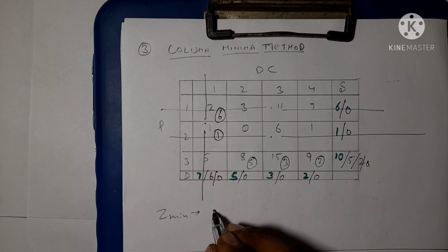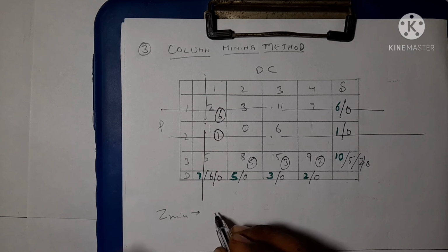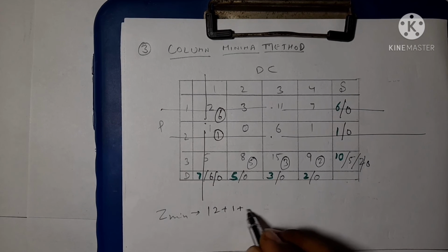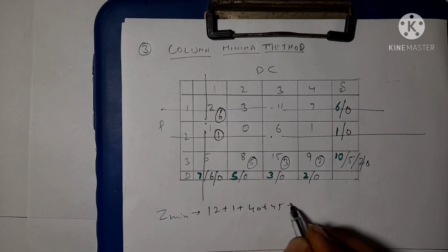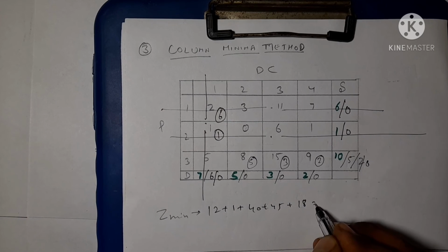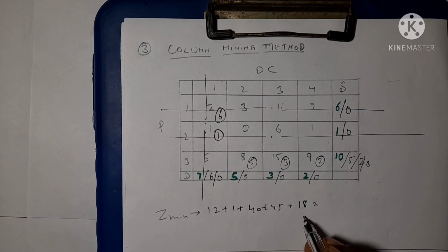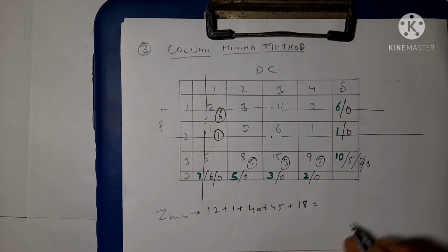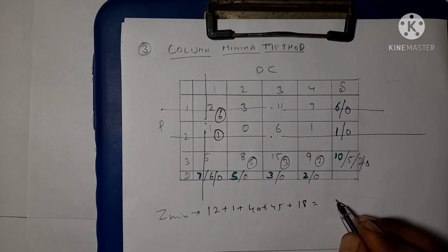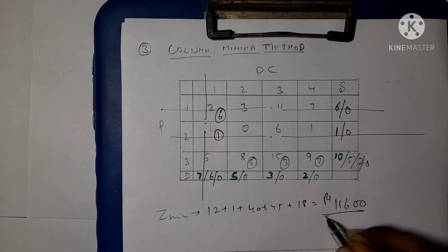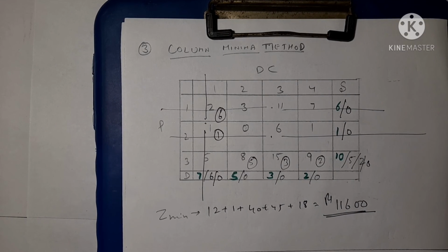Okay, you can clearly calculate the cost. We are calculating directly 12 plus 1 plus 40 plus 45 plus 18. No need to elaborate again. Here we are taking an example of it. Just add over there, add as 116 into 100. This is the cost of the project.